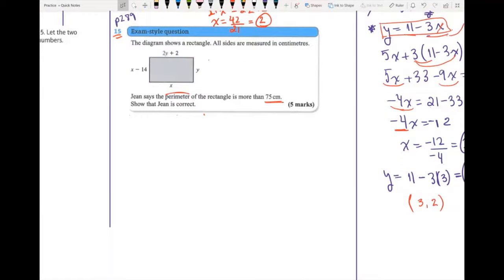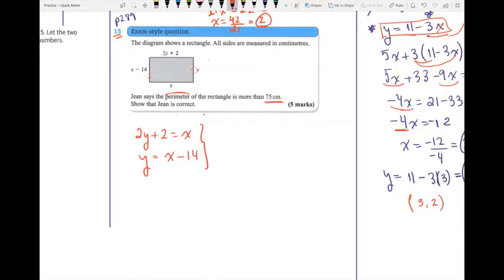So we know that in a rectangle the opposite sides are equal, so 2y plus 2 is equal to x, and these two sides are equal also, so y is equal to x minus 14. You can either choose the first equation or the second equation in order to start with it.